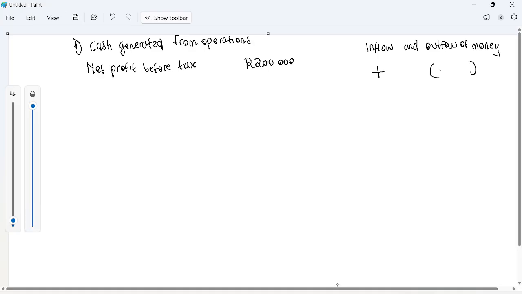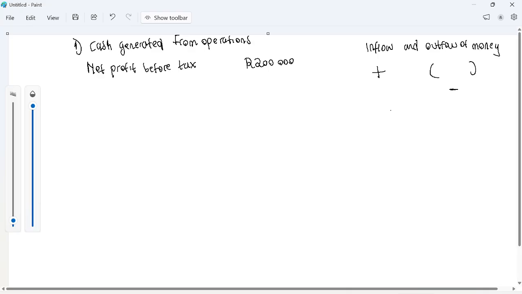You can put brackets here, or you can put a negative, to show that money is coming in and money is going out. We only want the flow of money, meaning anything that is a non-cash item, we're trying to remove.